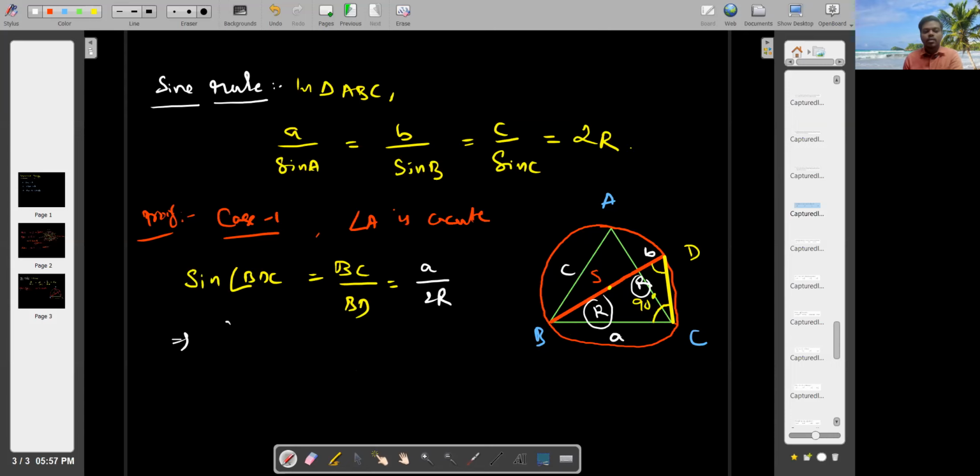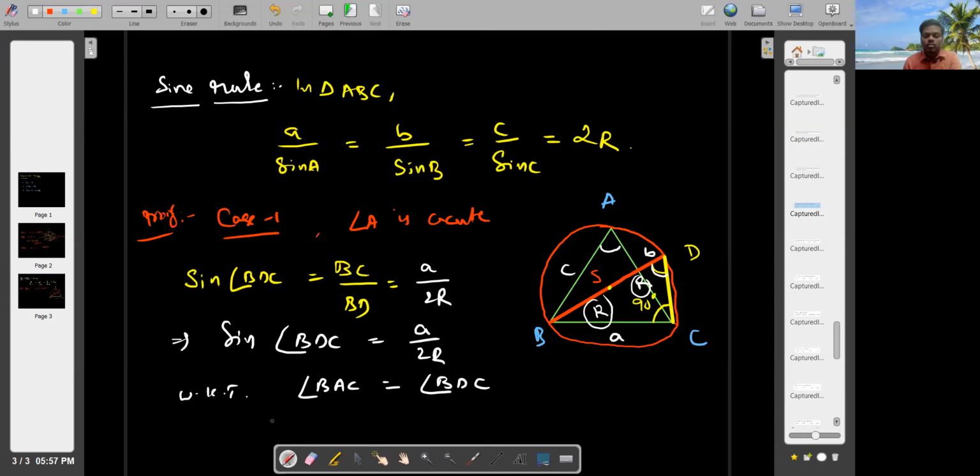That implies sin angle BDC equal to a by 2R. Now if we observe these two angles, angle BAC and angle BDC are on the same segment. We know that angles in the same segment are equal. So angle BAC equal to angle BDC.